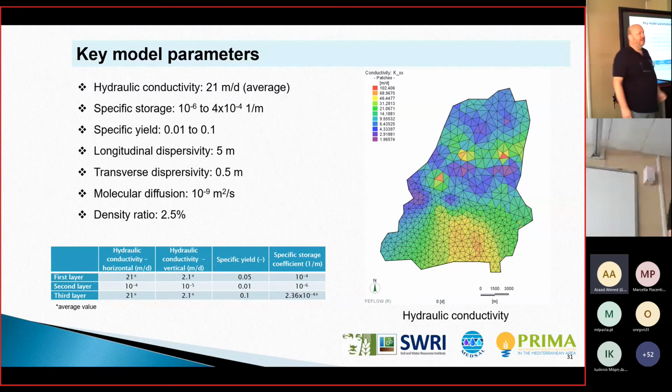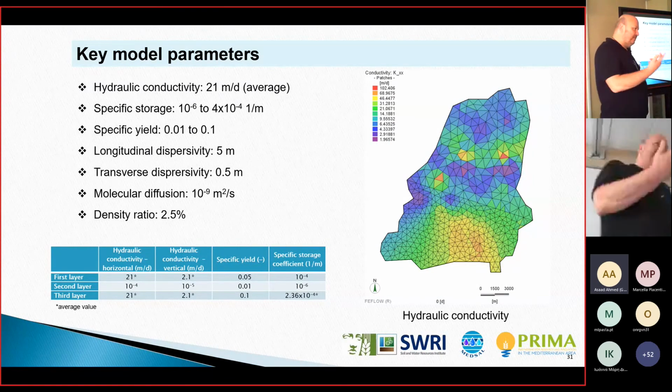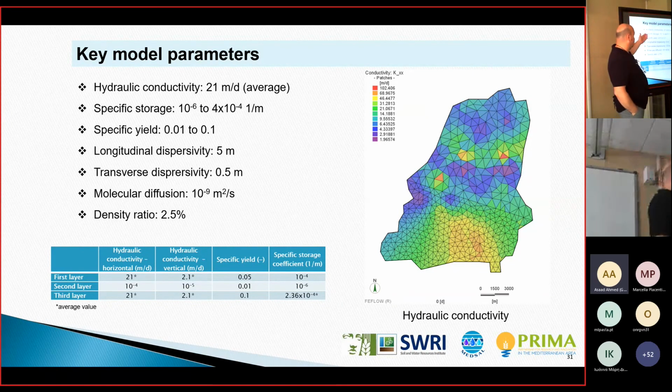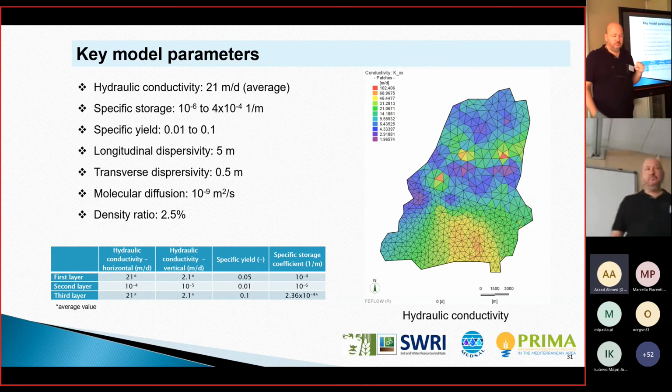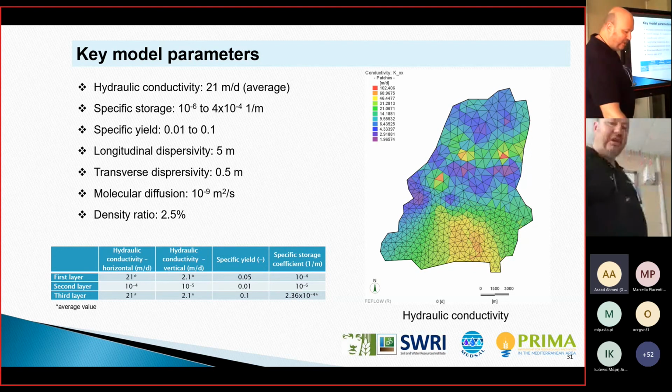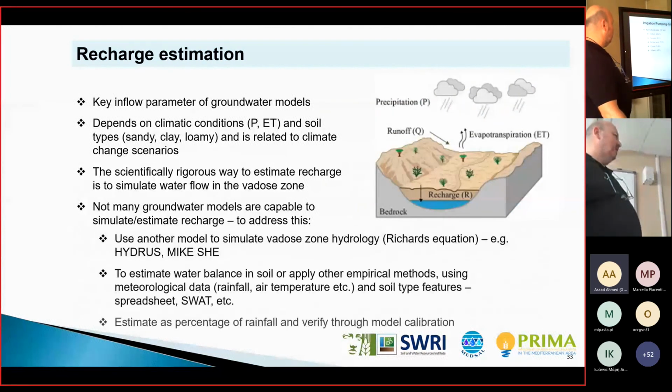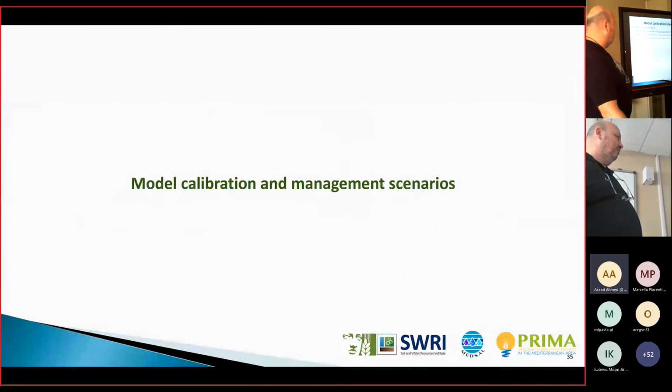Okay. So it has a physical meaning, something meaningful. This is also the same for specific storage, for all these parameters. So you have to know more or less which is the range that they are varying. Okay, that's the first. And this is also for the inflow and the outflow.